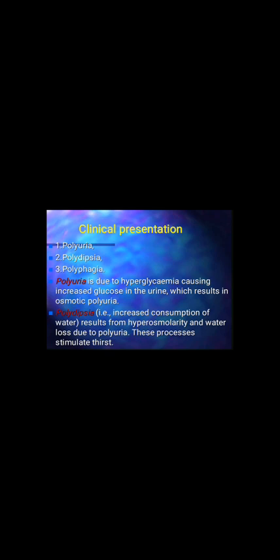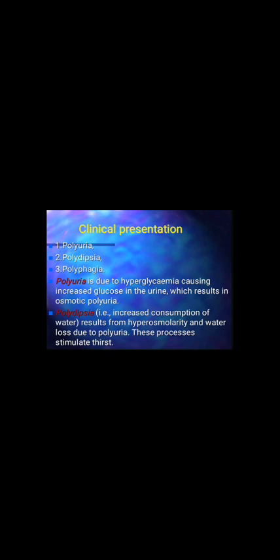That's mainly because the thirst centers in the brain are activated, and every time the patient has that urge to take water. And the last P is polyphagia. Patients will be trying as much as possible to consume a lot of food. Why? Our cells are not getting enough glucose.